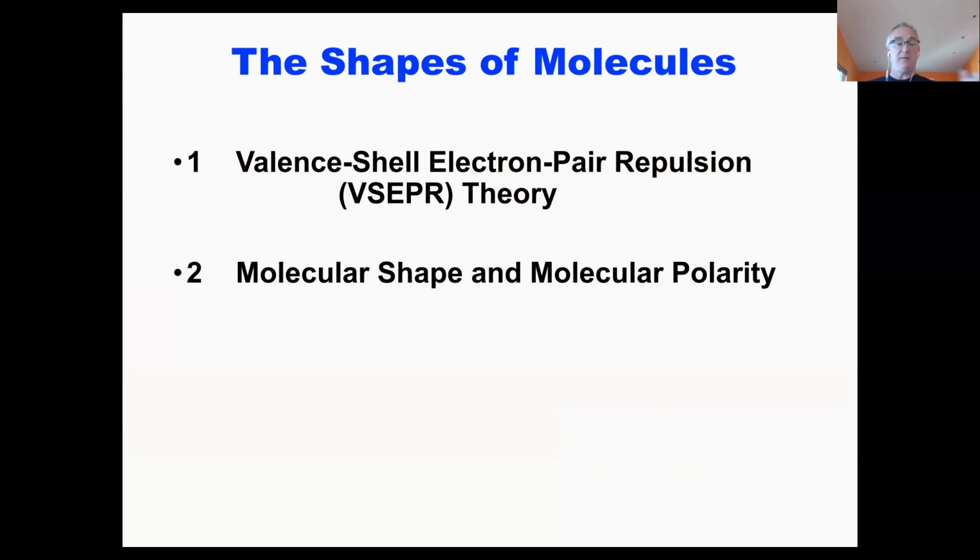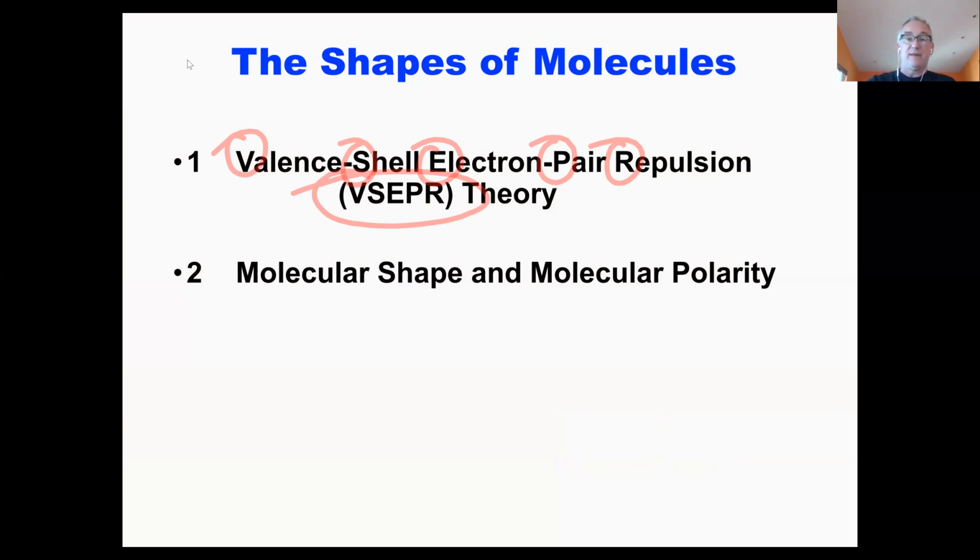So the shapes are going to be based on something called VSEPR, which stands for valence shell electron pair repulsion, which is a very fancy way of saying electrons are negatively charged and don't like being close to each other in space. That's all that means.